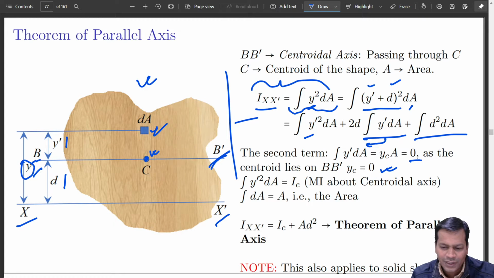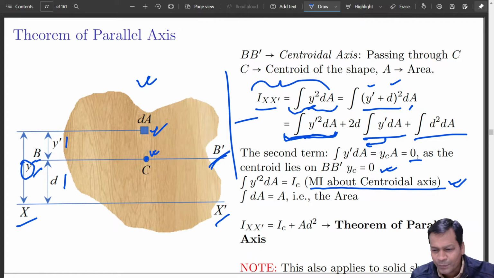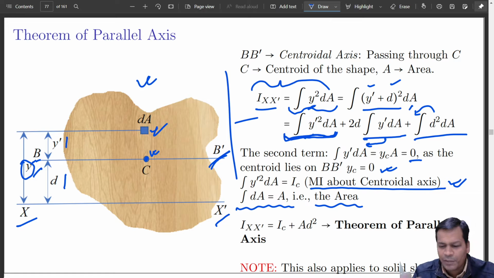This is the first thing that you should know. And then the first term, integral of y dash square dA, is equal to the moment of inertia about the centroidal axis. This we assume we know already. And then the last term, d square, will come out, being a constant, so the integral of dA will be equal to A, the total area of this laminar body.